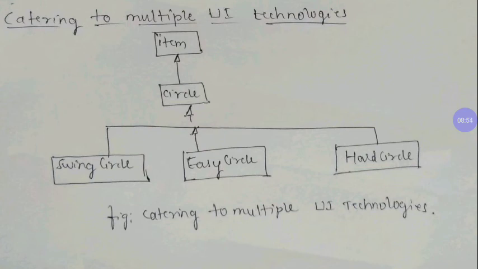Each of these three classes has the code to draw a circle using the appropriate UI technology. All these three subclasses have the appropriate code for drawing the circle using any one of the user interface technologies. Each one will have the render method.